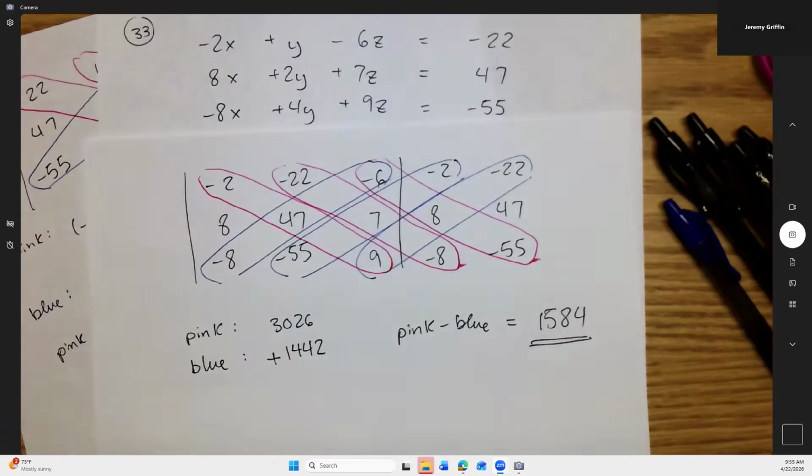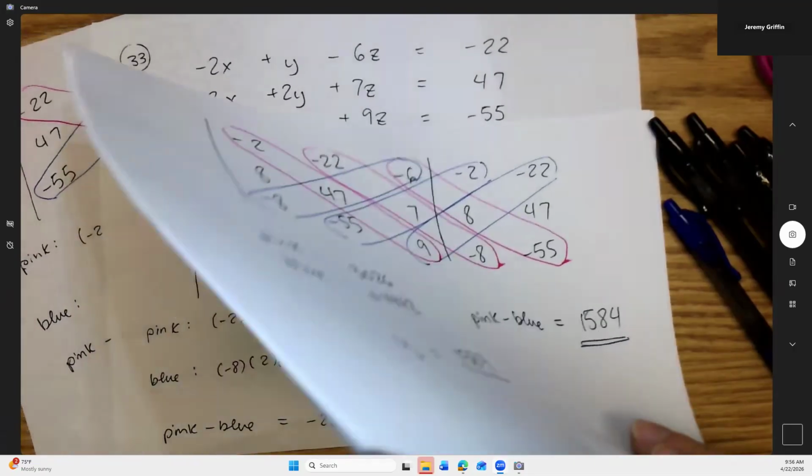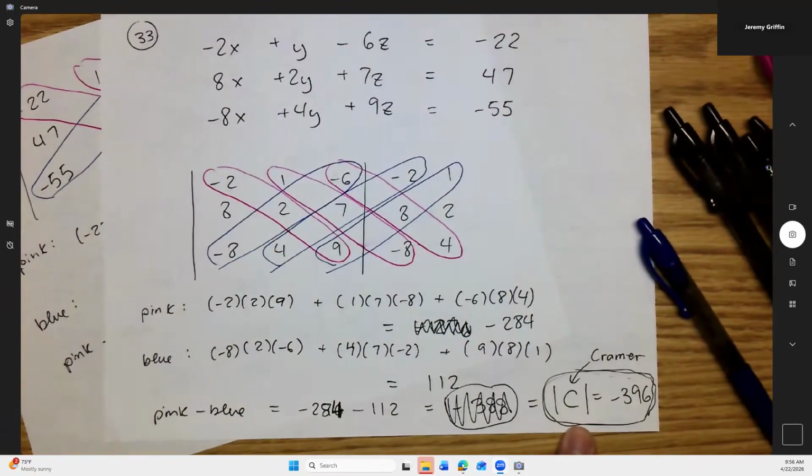So there's that determinant. Then the value y is equal to that determinant divided by the Cramer determinant.